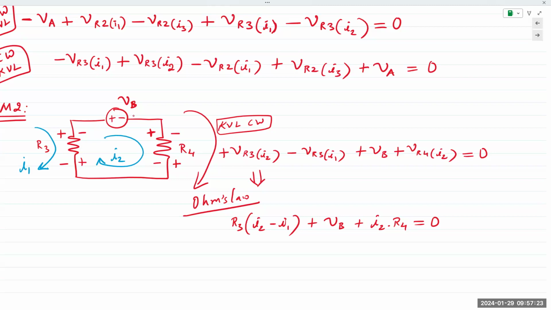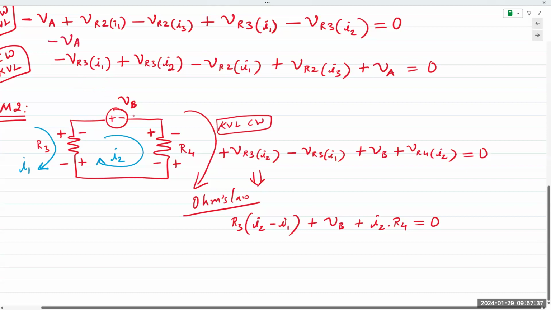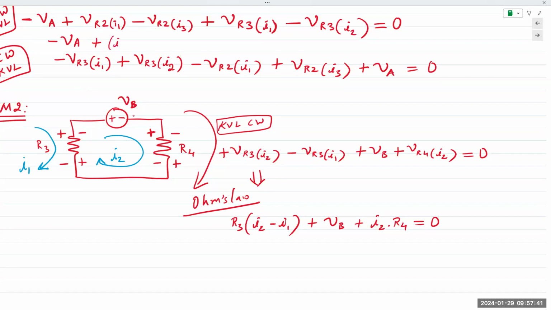And here, if I write an expression, I would have I2 minus I1. Actually, let's stick with the first one. Minus VA plus I1 minus I3 times R2 plus I1 minus I2 times R3 is equal to 0.